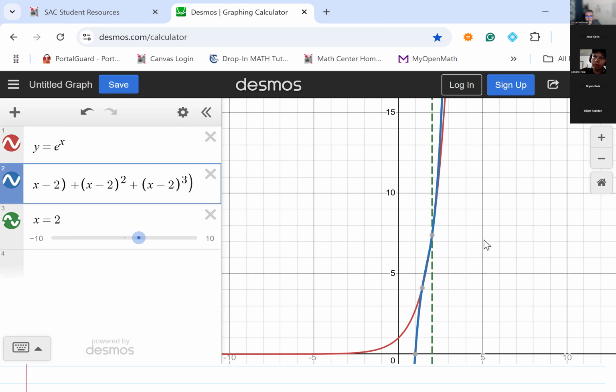Oh, interesting. Around 2 here, very much indistinguishable. You can see how this is a cubic. It goes above e, then a little bit below e, and then it hugs that pretty closely around 2.